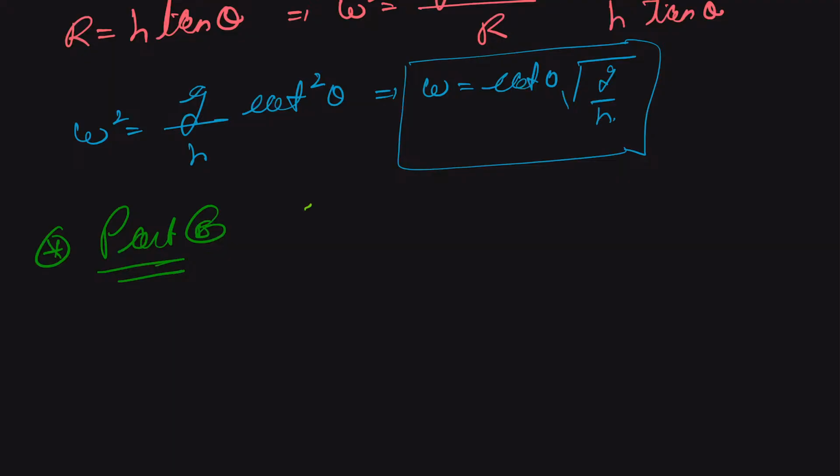Part B is our small ring, and we assume that its radius is small r.